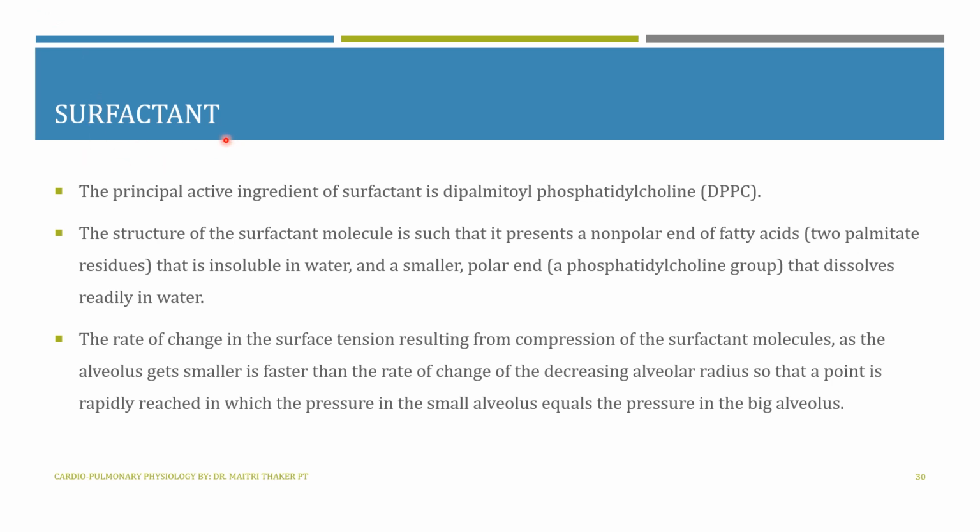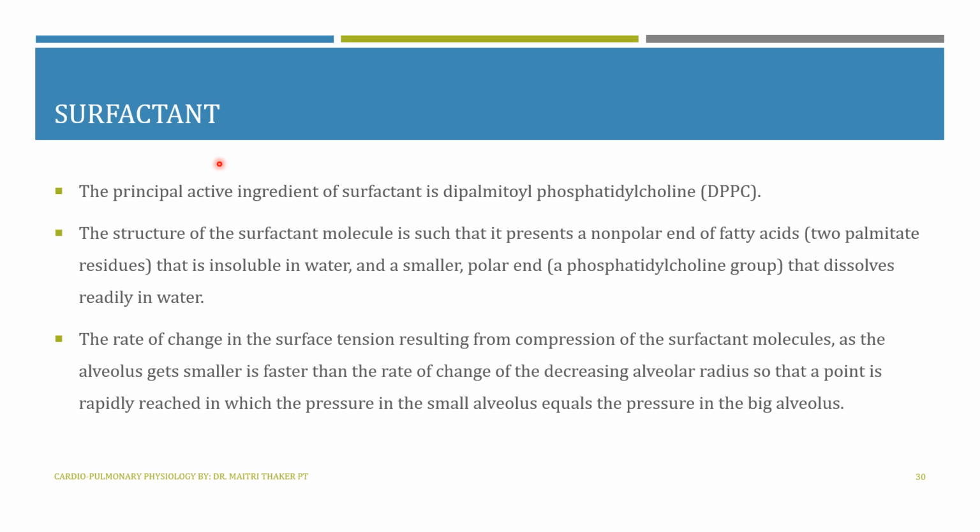This surfactant creates a layer throughout the alveoli. The structure of this surfactant is such that it presents two ends. One is the non-polar end, that is the fatty acid end that is insoluble in water, and the other is the polar end that dissolves into the water.